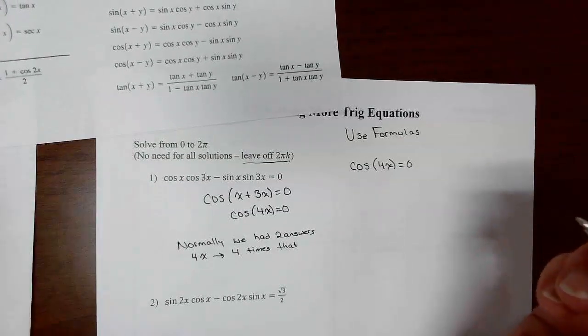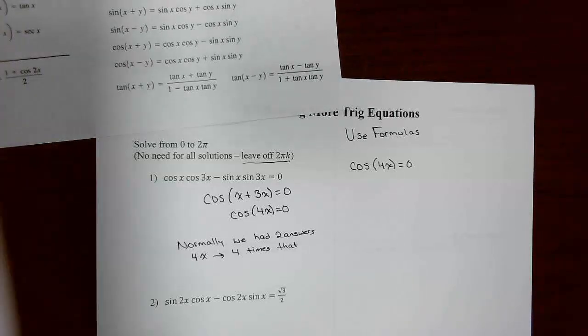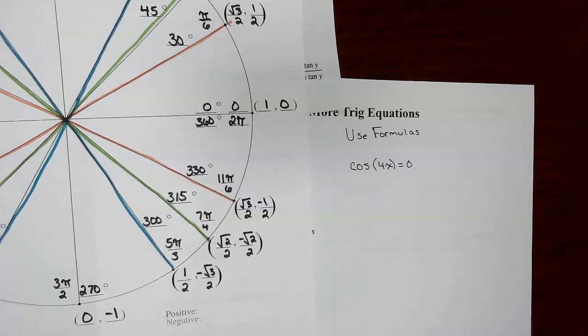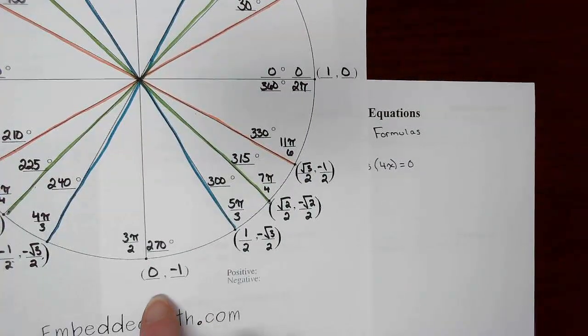Well, when would cosine equal 0? Okay, so when cosine equals 0, that's our x values. That would be at pi over 2 or 3 pi over 2.